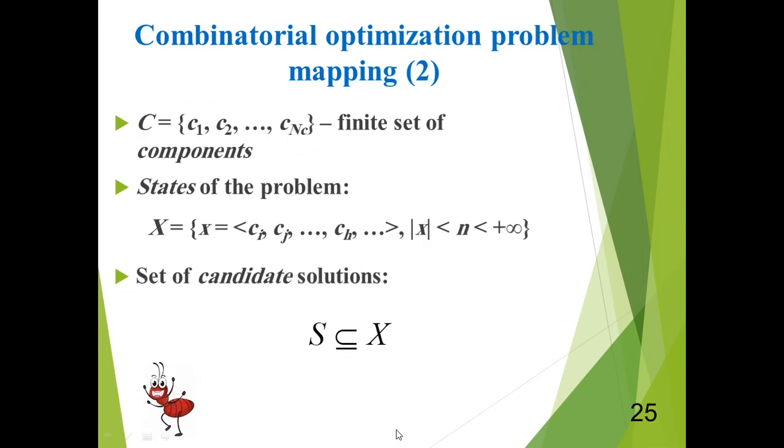The problem mapping number two: C is equal to C1, C2, etc., the set of components.